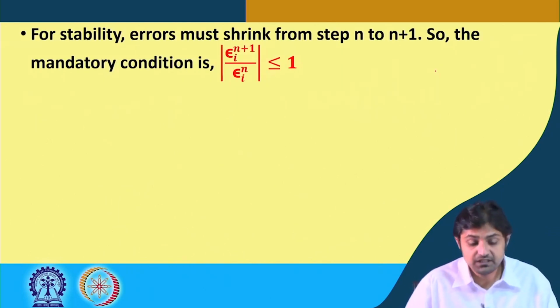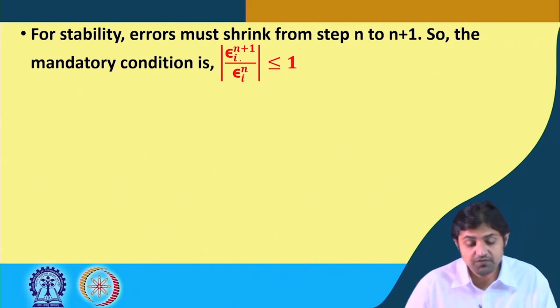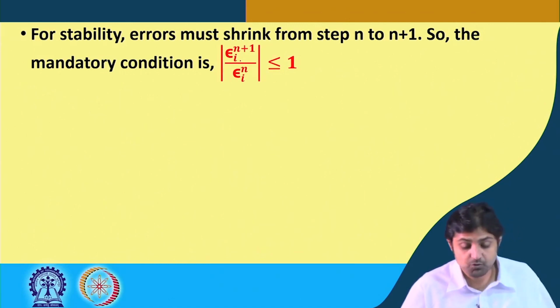For stability, the errors must shrink from step n to n plus 1. So, the mandatory condition is epsilon_i at n plus 1 divided by epsilon_i at time n must be less than 1, because it is supposed to decrease.